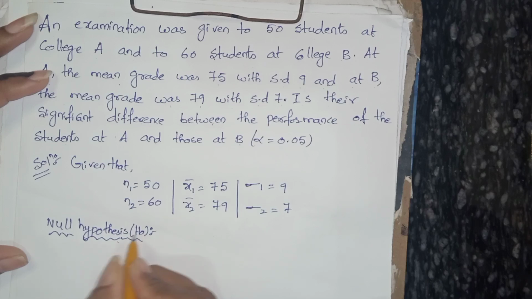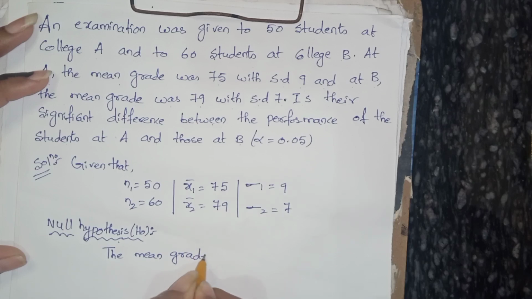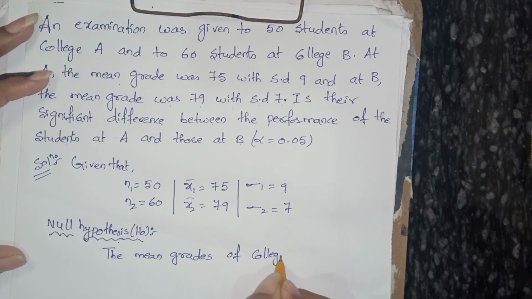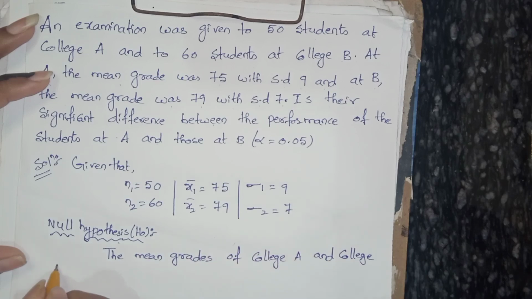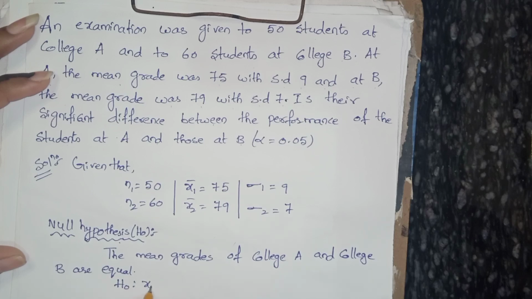That means the mean grades of college A and college B are equal. So symbolically we can write H naught such that x1 bar equals x2 bar.